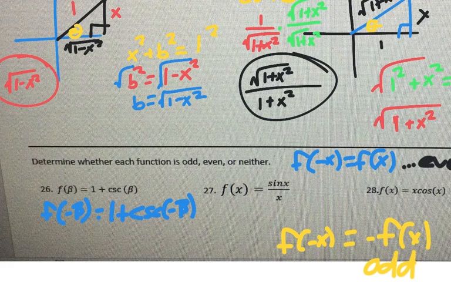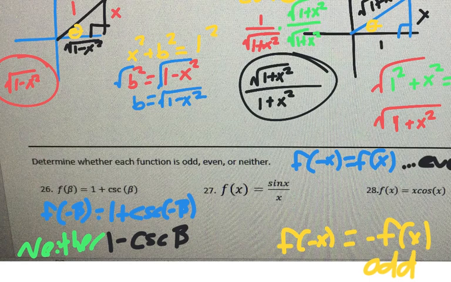So what happens when cosecant is negative? We pull the negative out front, right? Because it's the reciprocal of sine. So this would give me 1 minus cosecant of beta. And that's simplified. So does it look exactly like it did when it started? No. Did it change every sign? No. So this is neither even nor odd. It's neither one.